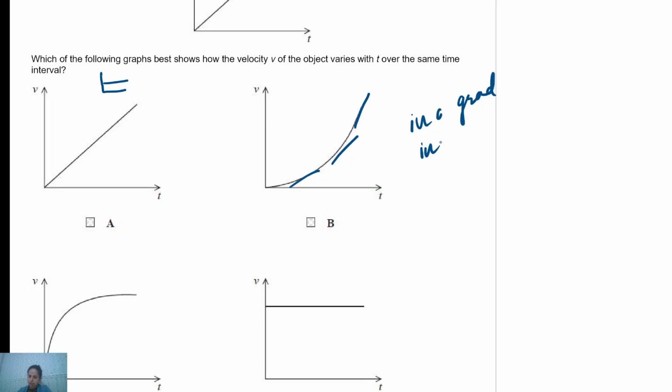If I do different tangents at different points, the gradients are decreasing. So acceleration would be decreasing, something like this. Let's see this one. Velocity is constant, not changing. So my acceleration would be 0.